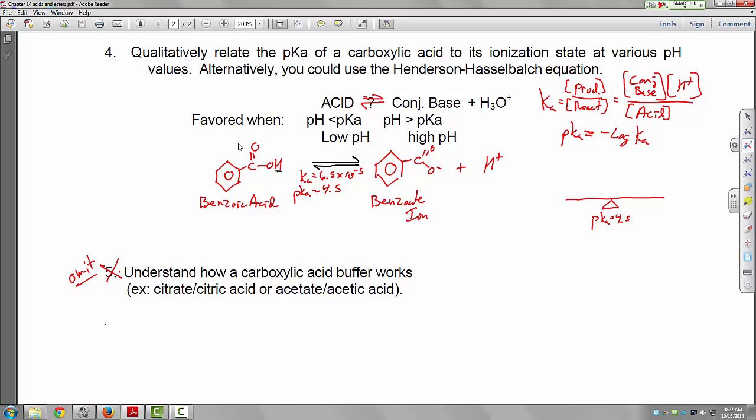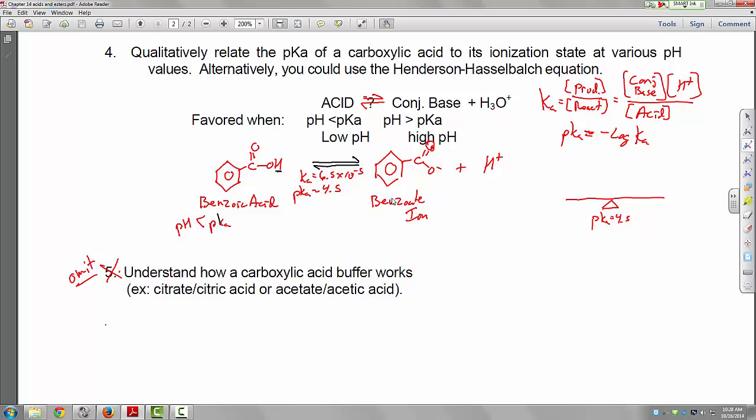Right? Lower pH means greater hydrogen ion concentration, which means we're going to favor the benzoic acid. So this is when the pH is less than the pKa. Essentially, we're putting in excess hydrogen ions and driving this reaction back to the left.